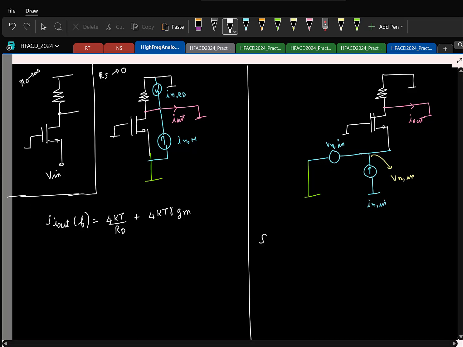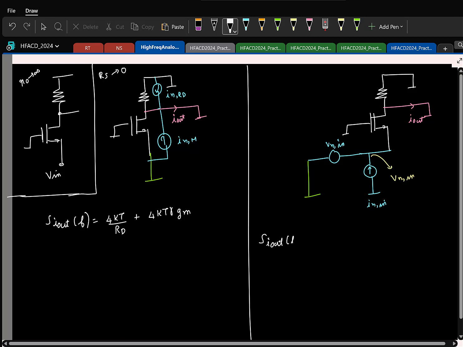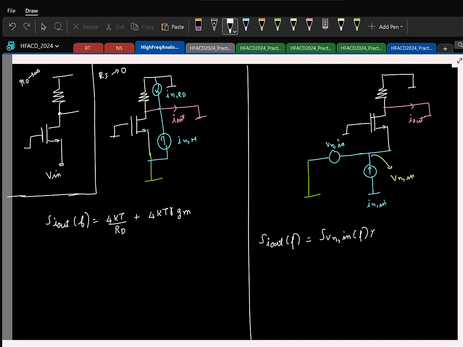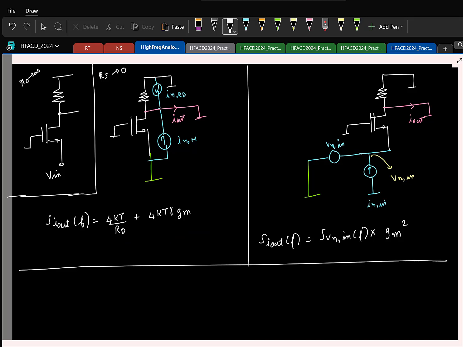So you'll have S_Iout(f) be the power spectral density of this times the magnitude squared of the transfer function from this input to this output, which as you know is gm squared. That's all. And you already know S_Iout(f), which is this. Equate the two and find it. If I do that, I'll get the same thing as before.